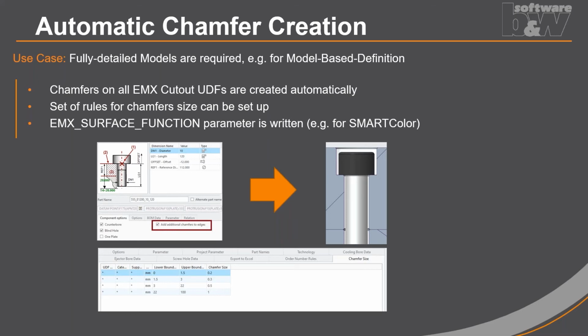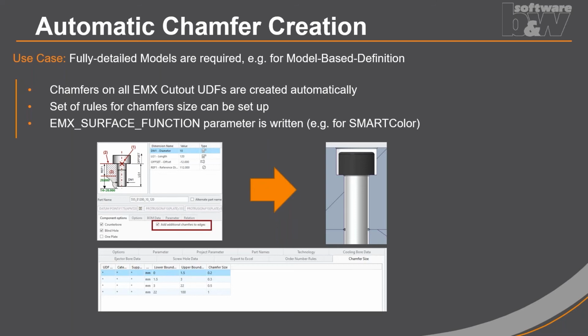The size of the chamfers is controlled by a set of rules, which can also be managed in the configuration. And we also introduced last year this new parameter EMX surface function, and we also support this new parameter.